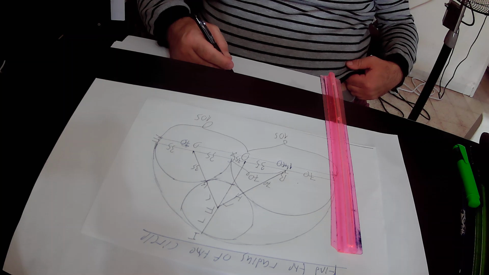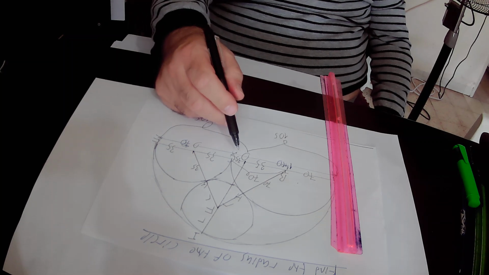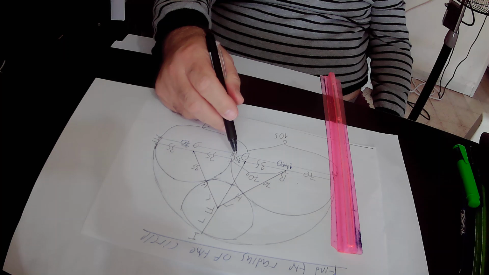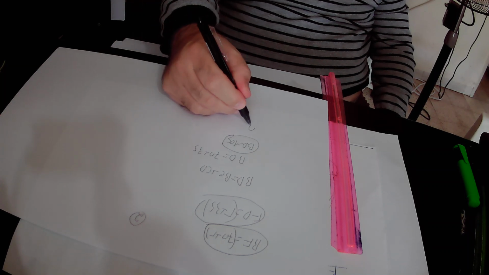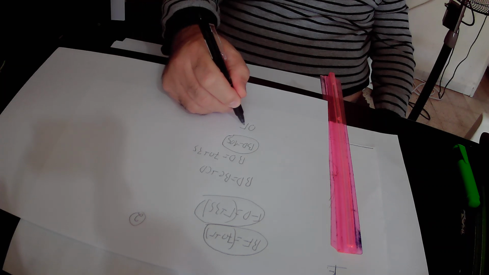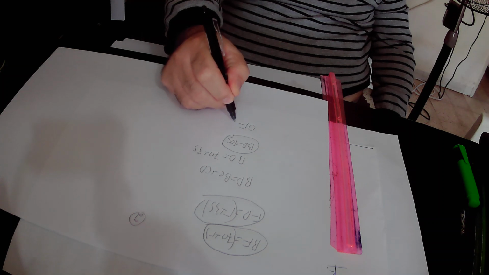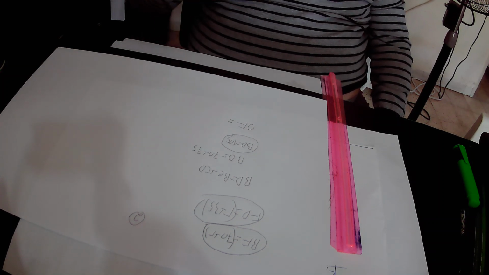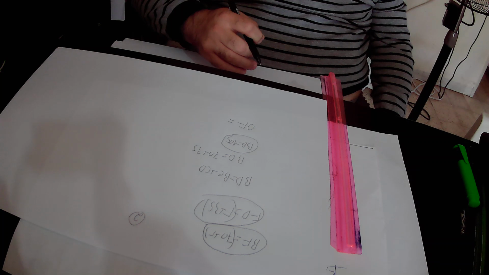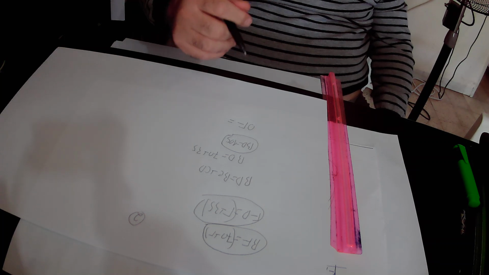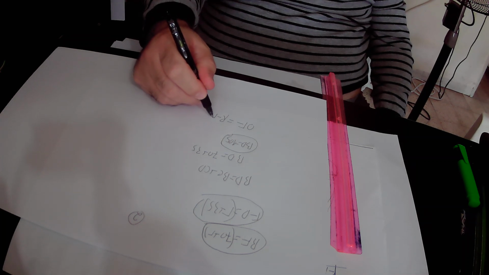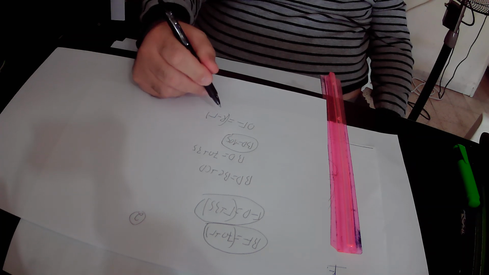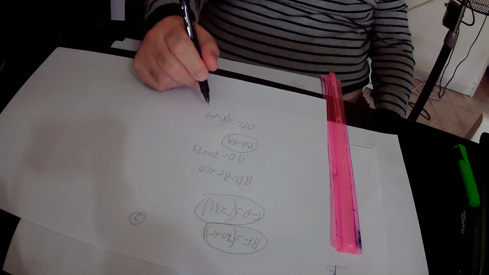And what is the distance between their centers? The distance is OF. And according to rule number 10, the distance between the centers of two circles that have an internal notch between them will be equal to the difference between the radii. The radius of the biggest semicircle equals capital R. The radius of the small circle equals small r. That is to say, OF, the distance between the centers, is capital R minus small r.